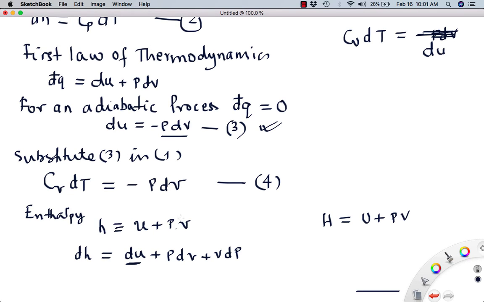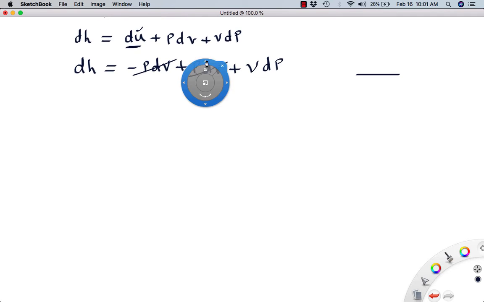So dH is equal to negative P dV, this is from equation 3, plus P dV plus V dP. We can cancel negative P dV and plus P dV. And then we'll get dH is equal to V dP.